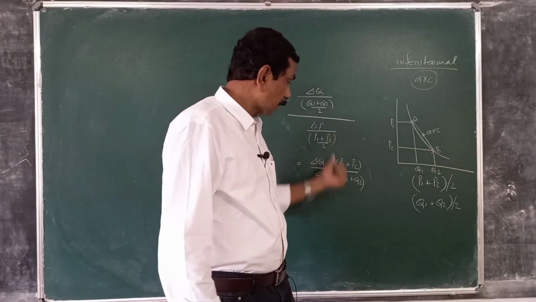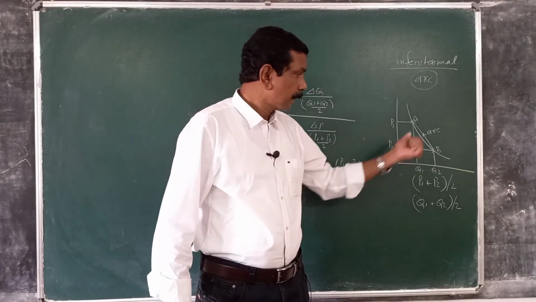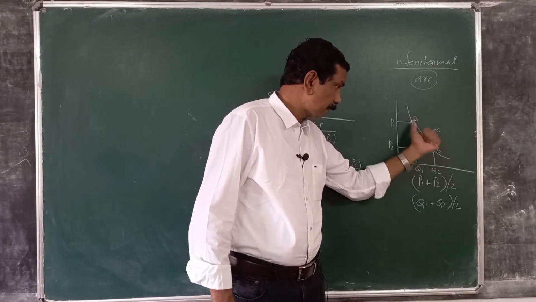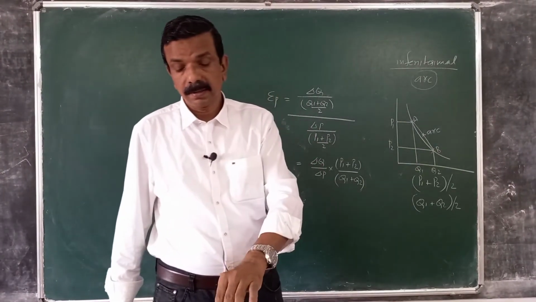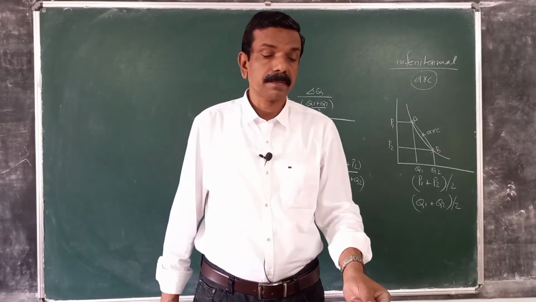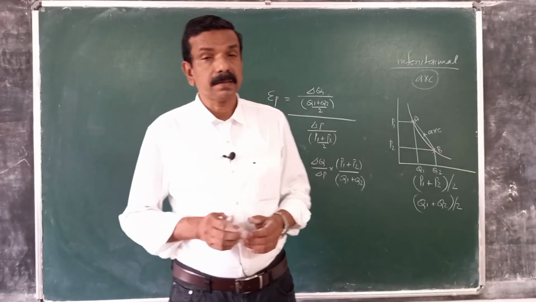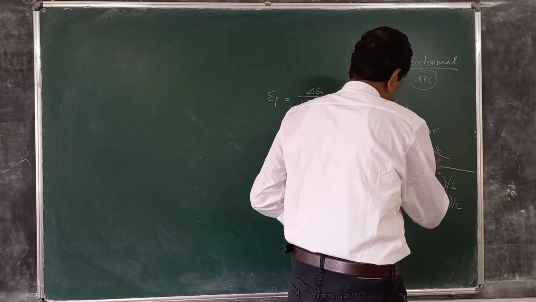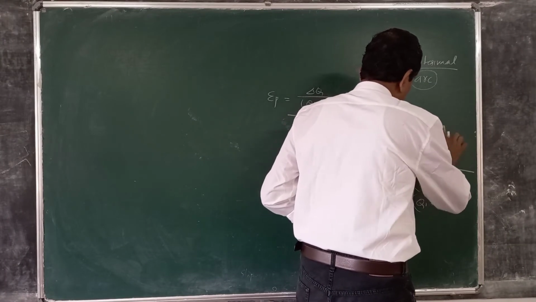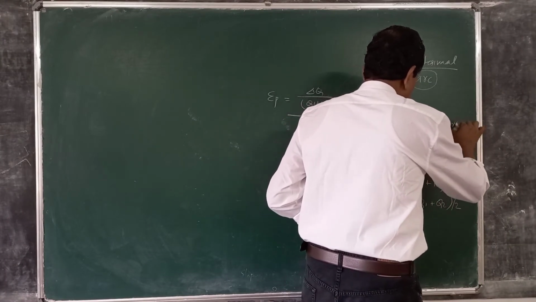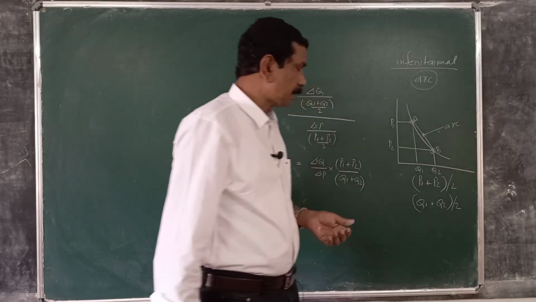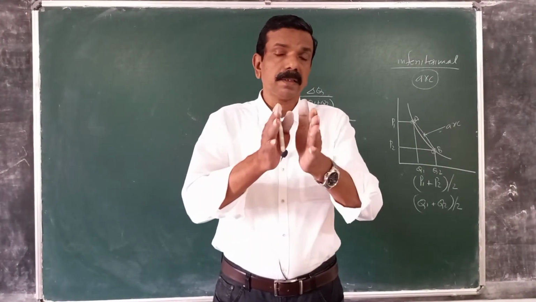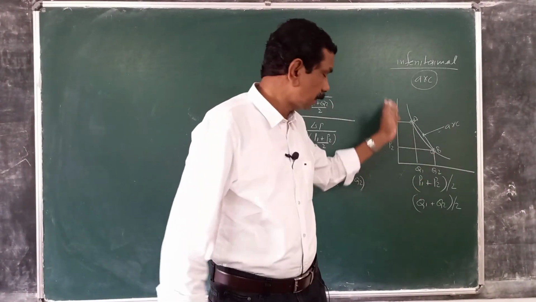But if you are using the arc elasticity formula, whether you calculate elasticity from A to B or B to A, the value of the elasticity will be the same, because you are not calculating elasticity at A or at B, you are calculating elasticity at the midpoint. This is applicable whether the demand curve is linear or non-linear, that is, a curve.